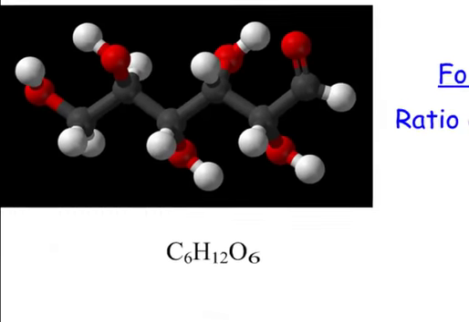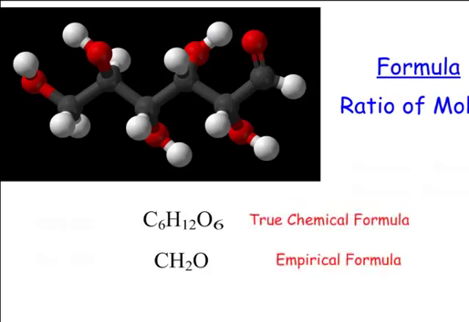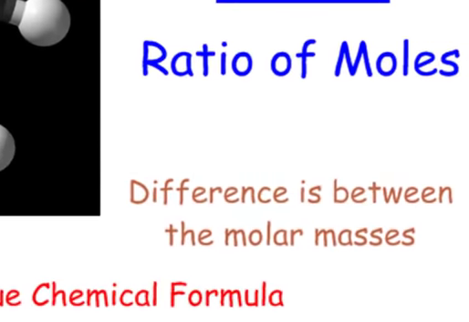And you might be saying, can't we reduce this, Mr. Ayton, to a 1 to 2 to 1 ratio? Yeah, the molar ratio is the same throughout. What's the biggest difference between the true chemical formula and what we call the empirical formula? The empirical formula is the simplest whole number one, the simplest reduced one. The biggest difference is the molar masses.